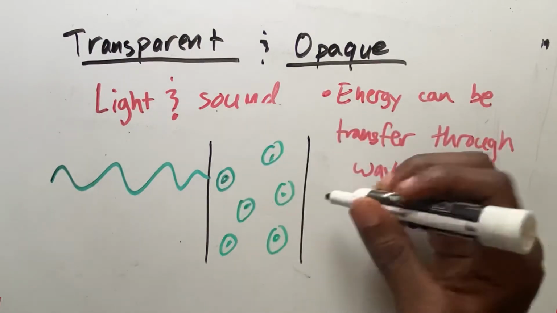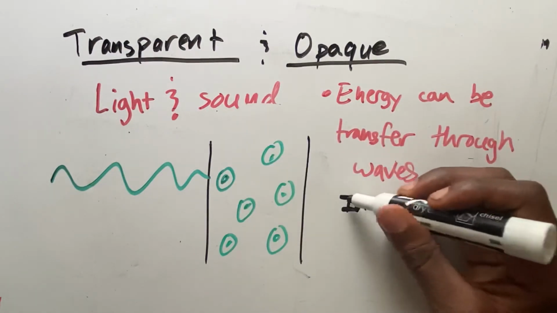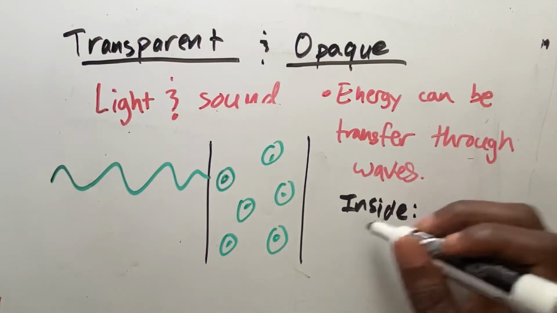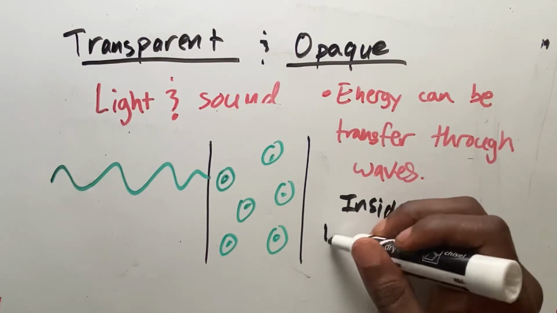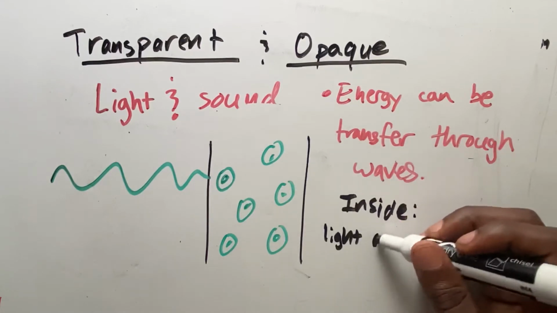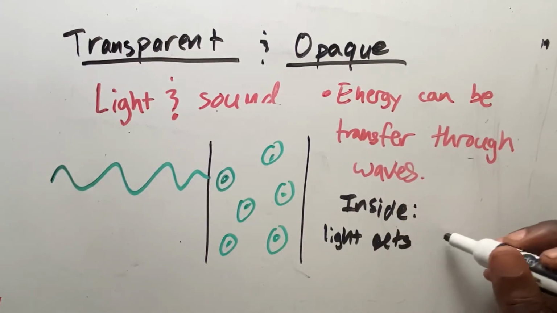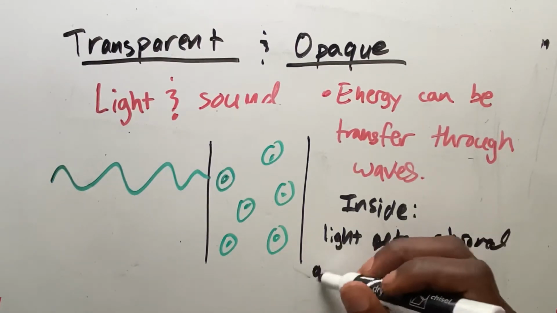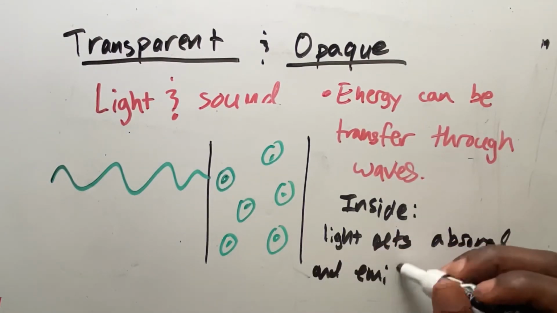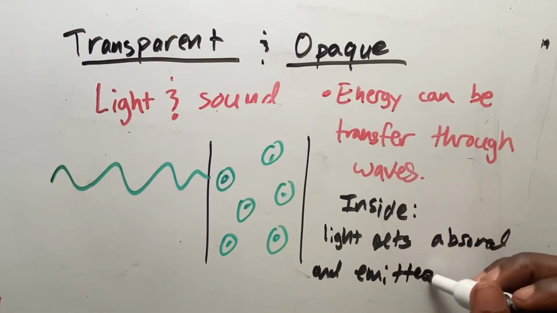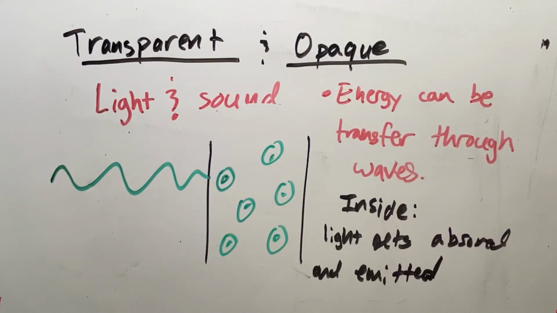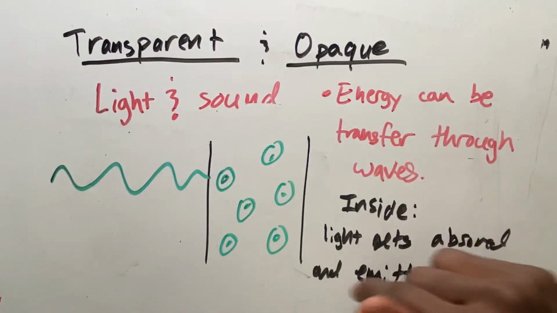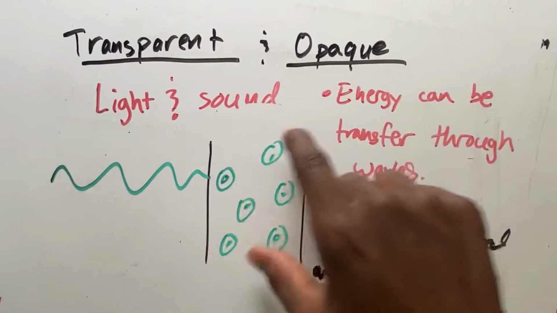So inside of this material, light gets absorbed and emitted by the little atoms.